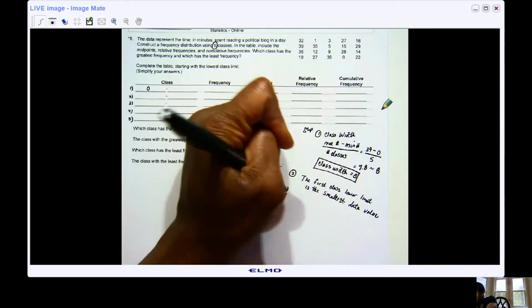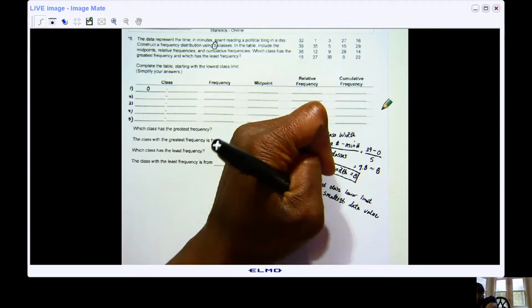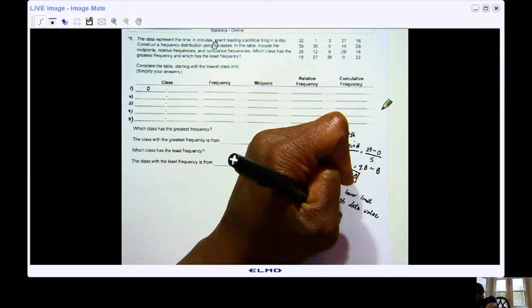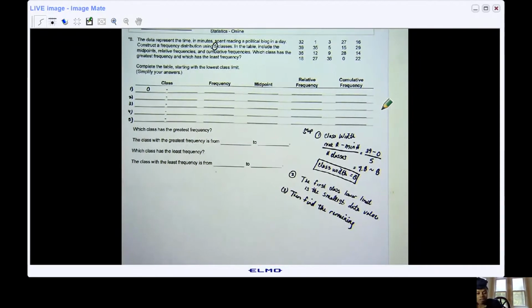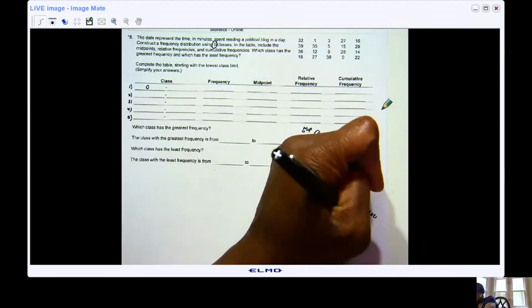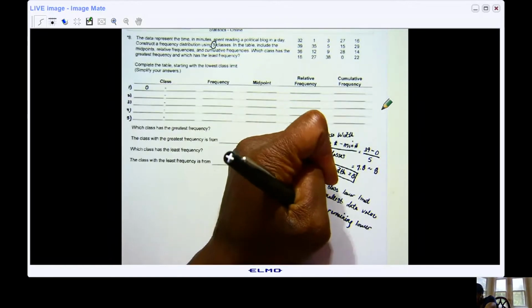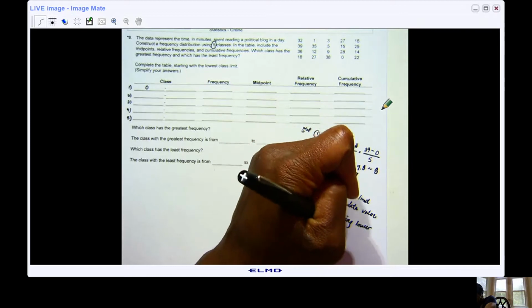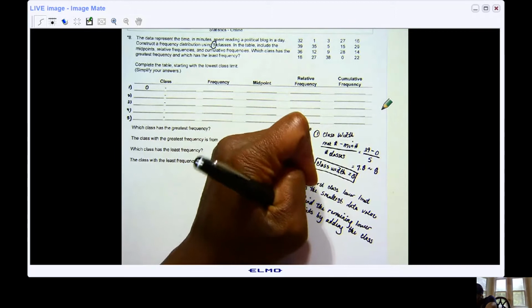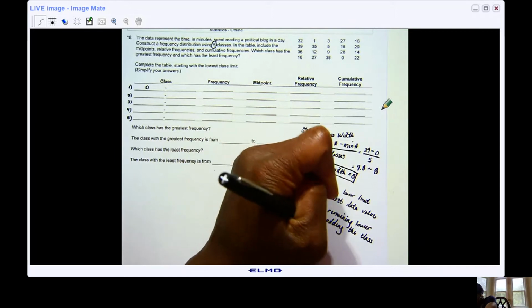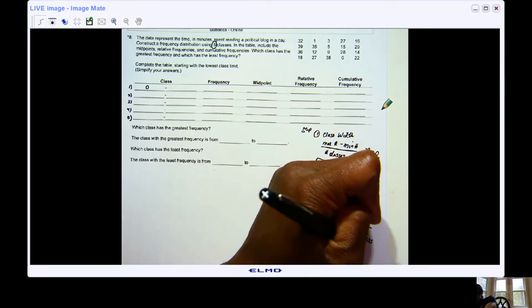After that, you're going to find the remaining lower limits by adding the class width to each preceding lower limit.